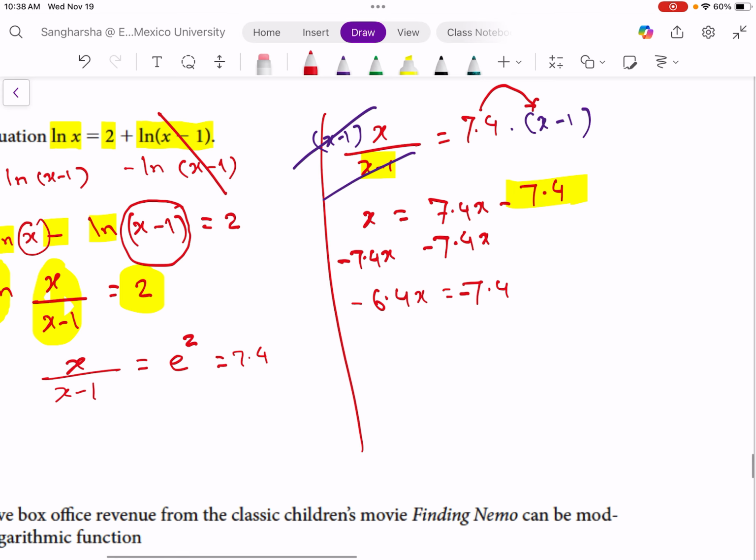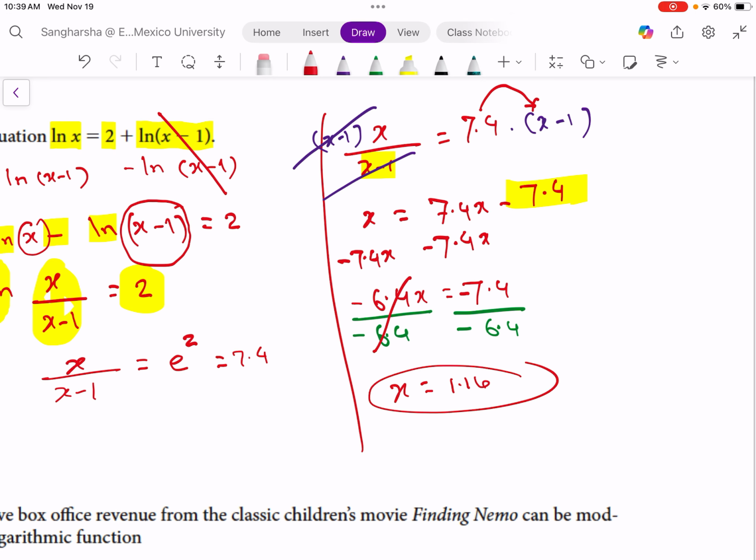Now we divide both sides by negative 6.4, so this cancels. What is negative 7.4 divided by negative 6.4? We get a positive number. So 7.4 divided by 6.4 is, can you help me? 1.16. So 1.16 is the value of x for this equation.